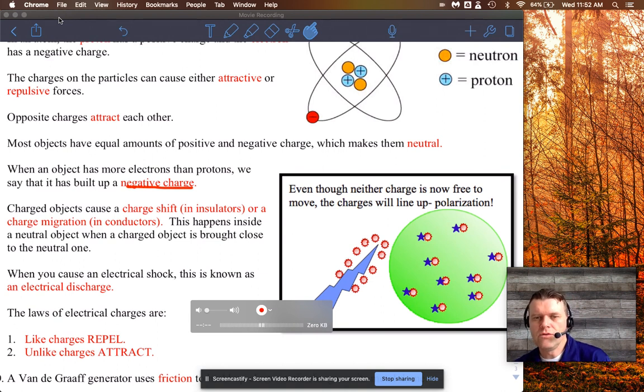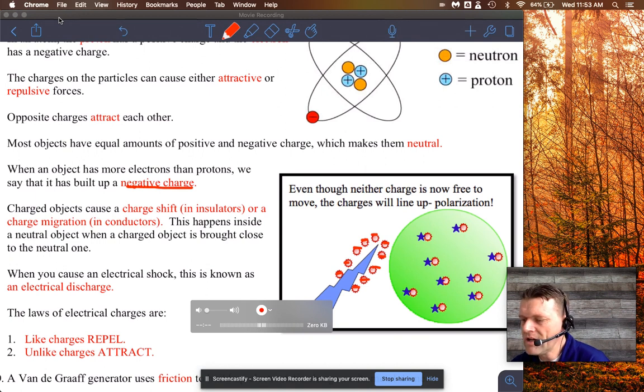And if you brought a negatively charged object here, these little objects here are all negative. So if we had something that we had rubbed, like a piece of rubber or a balloon, and we brought it near this green object, which could also be a balloon, say, but it's neutral.